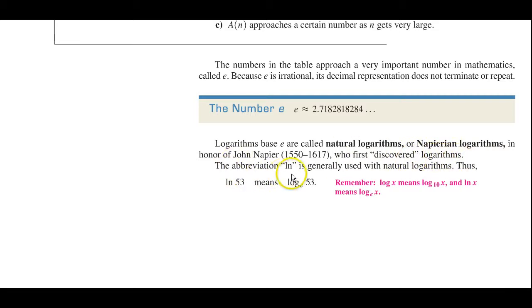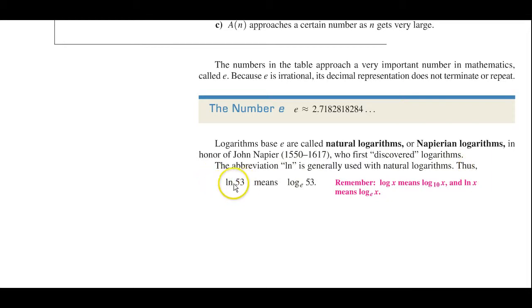You might ask, shouldn't the abbreviation be NL for natural logarithm, rather than LN? The thing is, in Latin it is Logarithmus naturalis. It's written in reverse. So that's where the LN comes from.